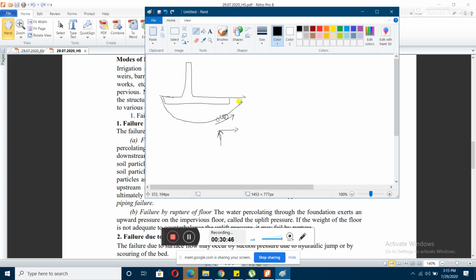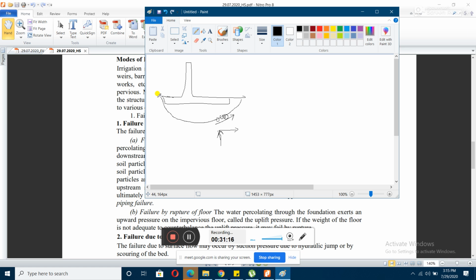So there is a hollow pipe-like thing that happens here, and water can easily go through this point and percolate to this point. Due to the fact that there is a pipe-like thing happening, this is known as piping. The failure that occurs due to this is known as failure by piping.